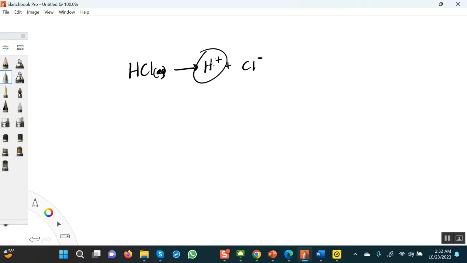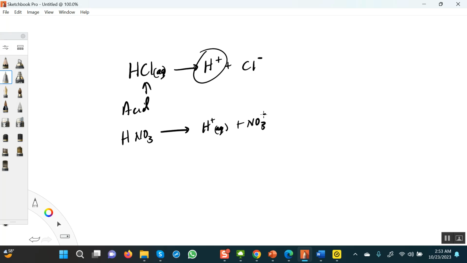By virtue of the fact that it forms H+, this is an acidic compound, or an acid, all right? Here's another example, HNO3. When this dissociates, it forms H+ (aq) and NO3- (aq).